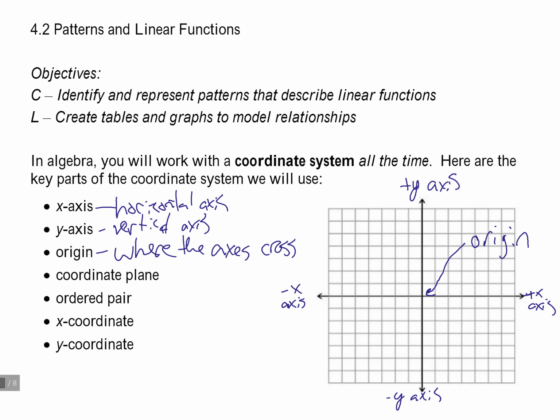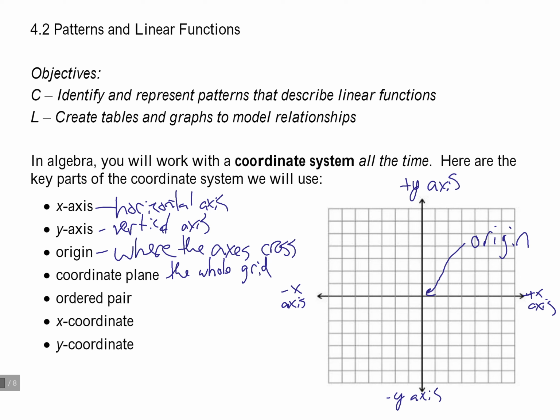Okay, now the coordinate plane. The coordinate plane is the whole grid. So the grid, remember, does not stop where we stop the grid on our screen right here, okay? It extends forever. So when we look at the axes, we see the arrows on the ends, okay?